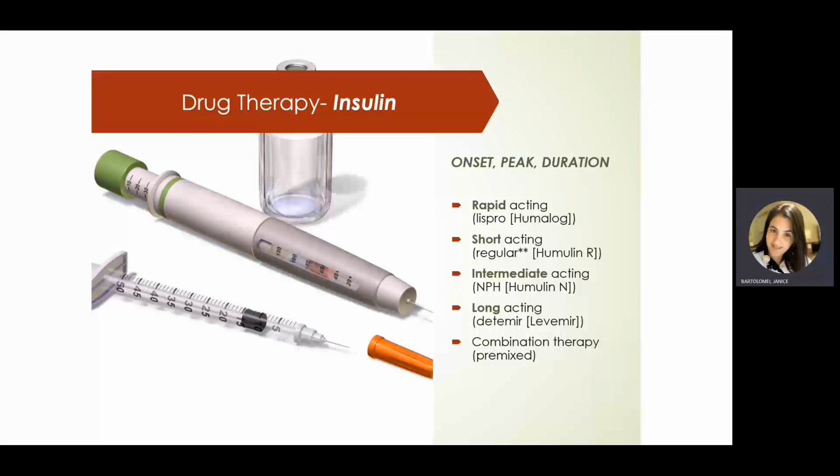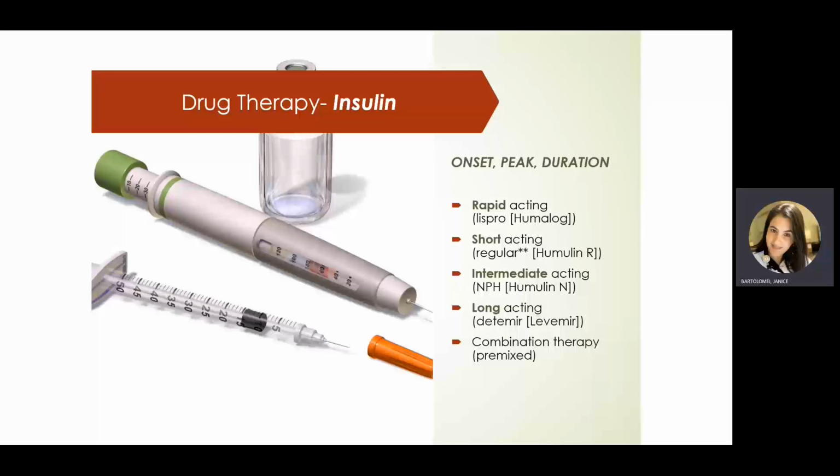Now, when we talk about the onset, basically what onset means is when does the insulin start acting? Like when does it start functioning? When you talk about peak, it's when is the client most at risk for a hypoglycemic event? When is the insulin at the peak of its work? And that's when your client is going to be at most risk for hypoglycemia.